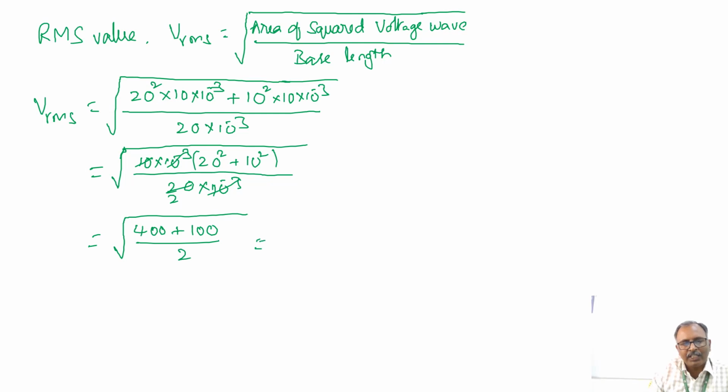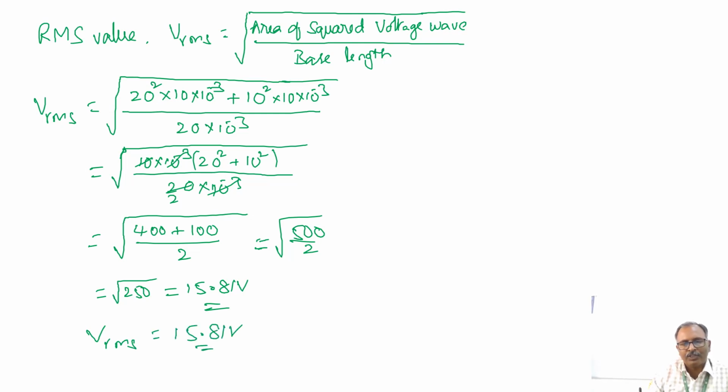So it is equivalent to the square root of 500 by 2, which is the square root of 250, which is equal to 15.81 volts. This is the RMS voltage of the given waveform. V RMS equals 15.81 volts.